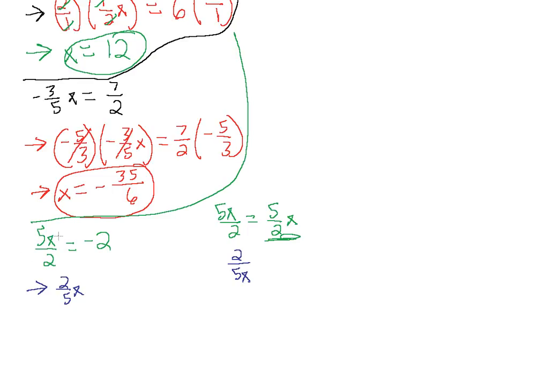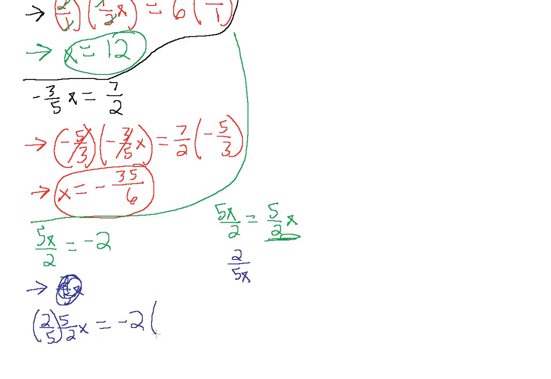So when we see the variable in the numerator, let's write it out to the side like this, just so we don't make any mistakes. So we're multiplying 5 over 2 x by the reciprocal, 2 over 5. And we have to do the same thing on the other side.